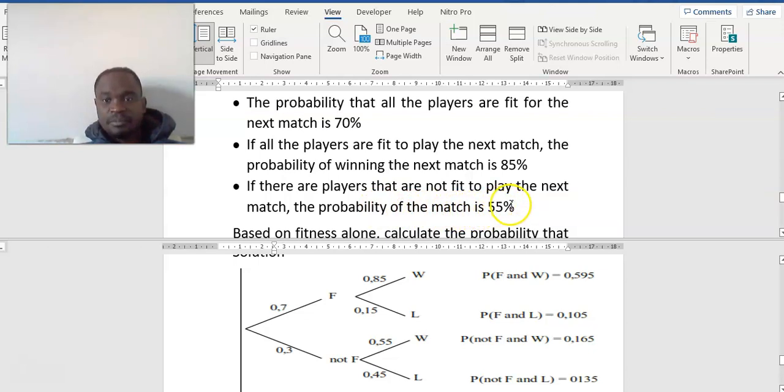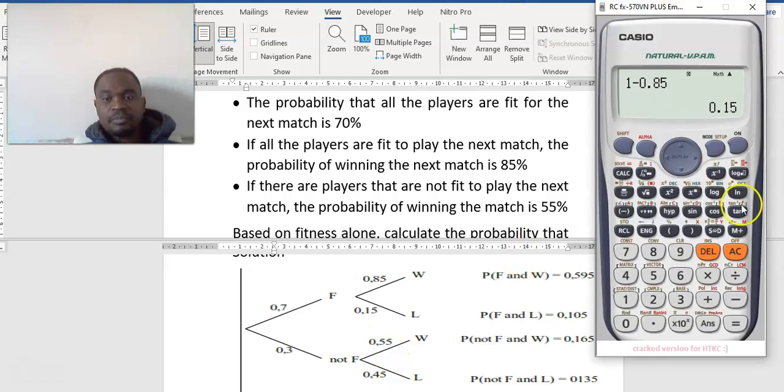So we put winning here. So 55 over 100, which is 0.55.